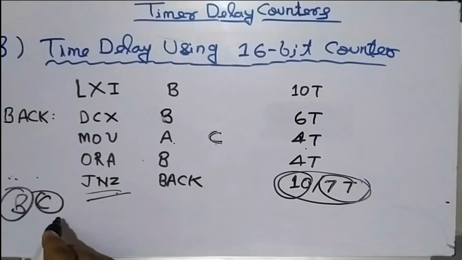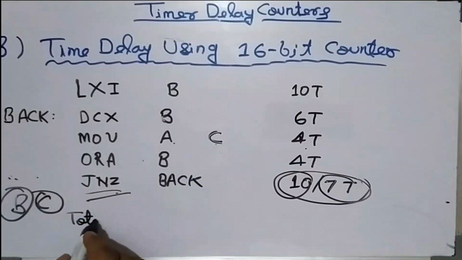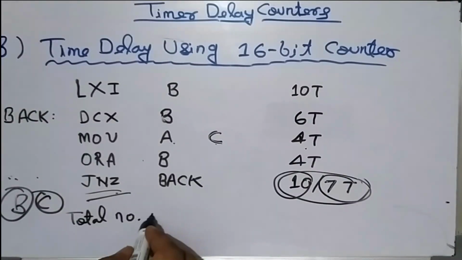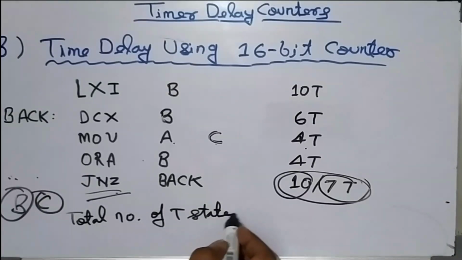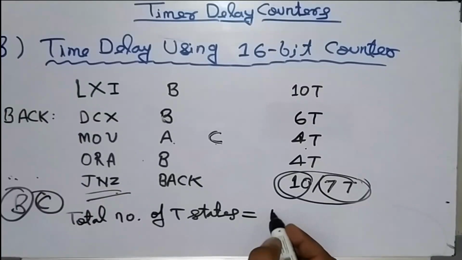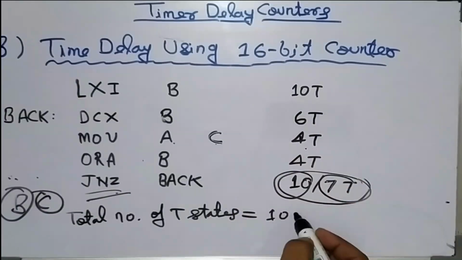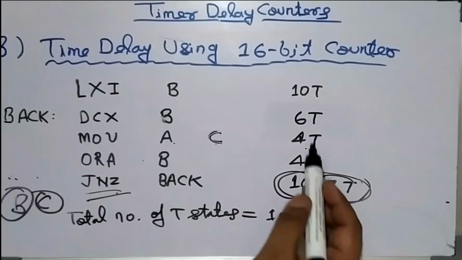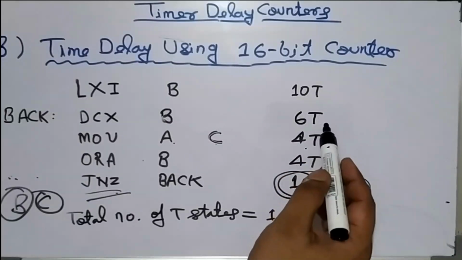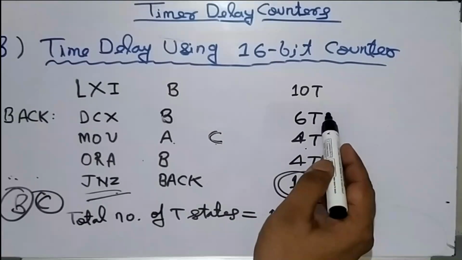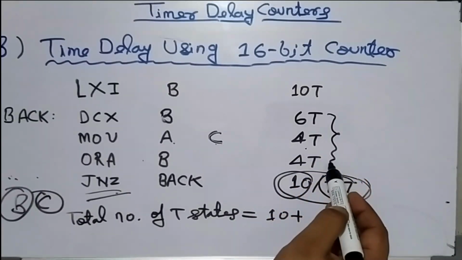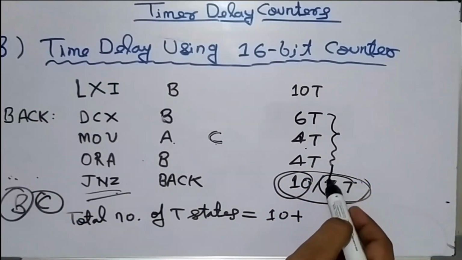Total number of T states equals 10 plus. Now the counter loop will start from here, with 6T, 4T, 4T and 10T.